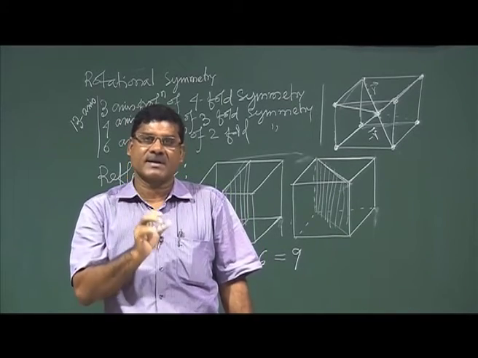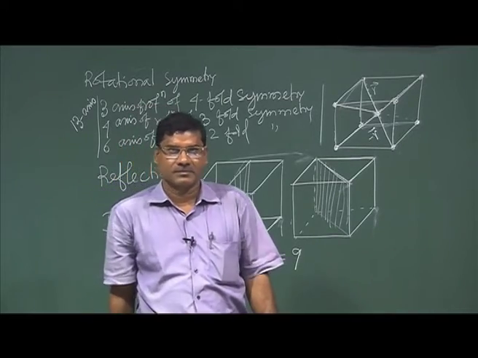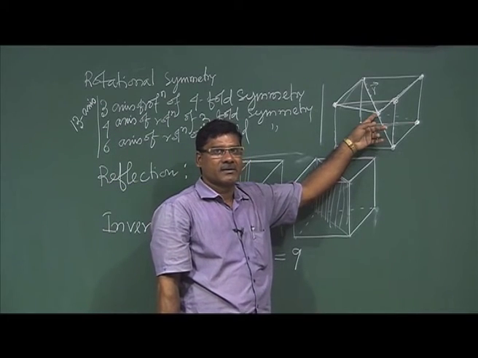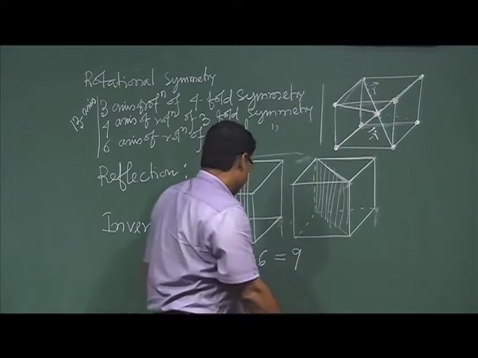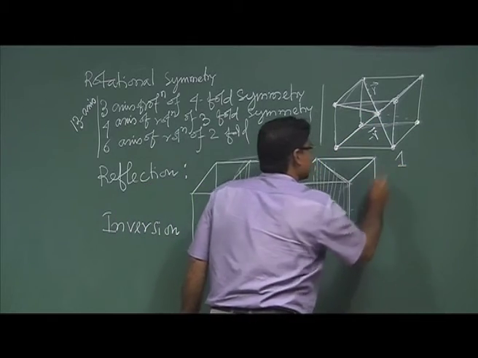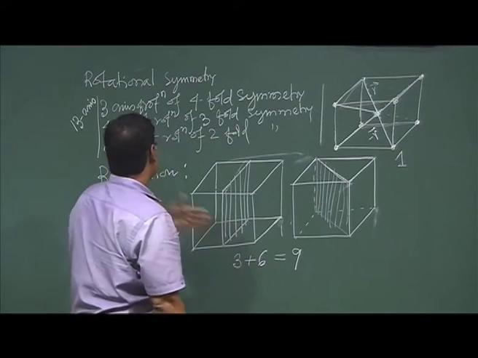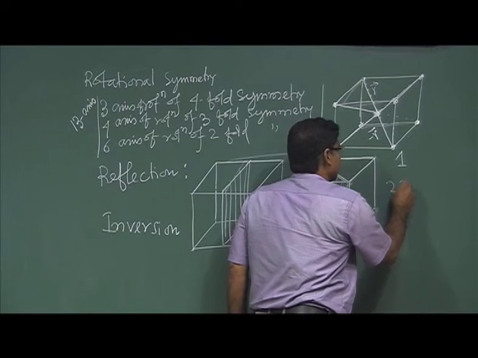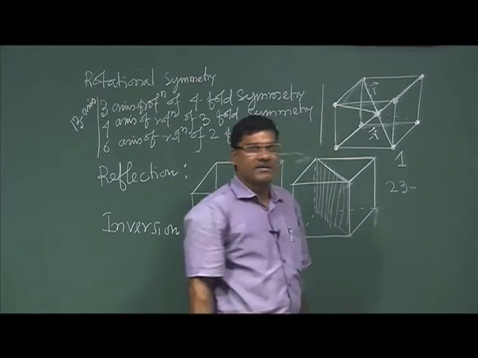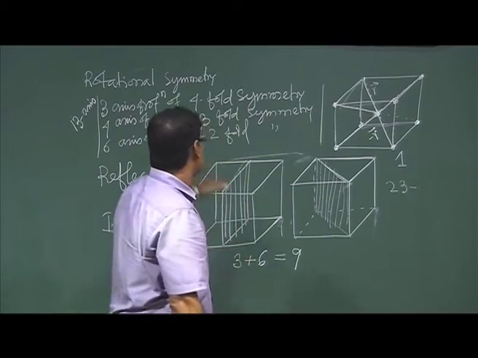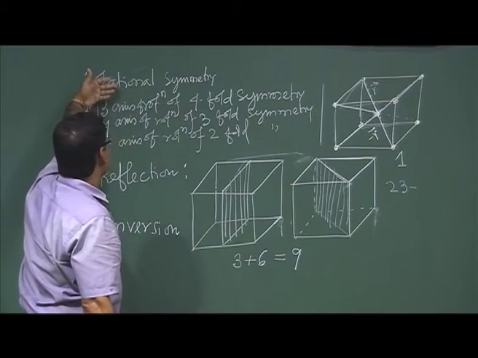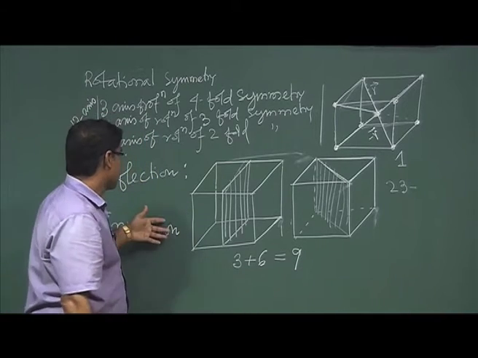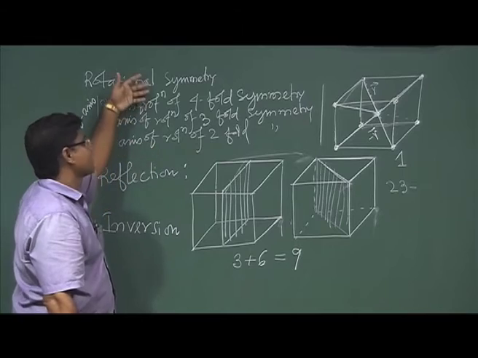And this cubic crystal has only one point of symmetry. So, if I add this one with this 9 plus 13, so total 23 symmetry elements. And all three that I have discussed, rotational, reflection and inversion symmetry: this is with respect to a point, this is with respect to a plane, and this is with respect to a line.